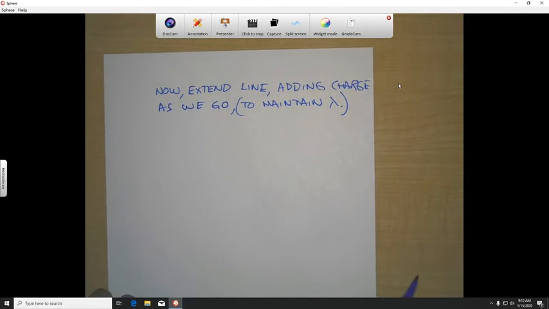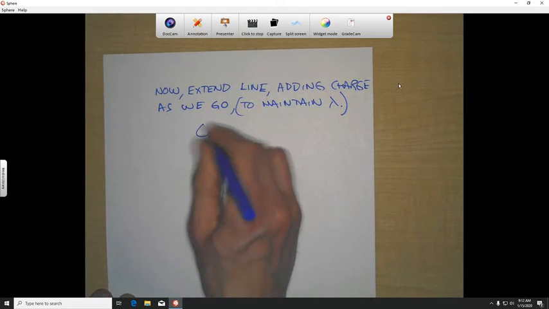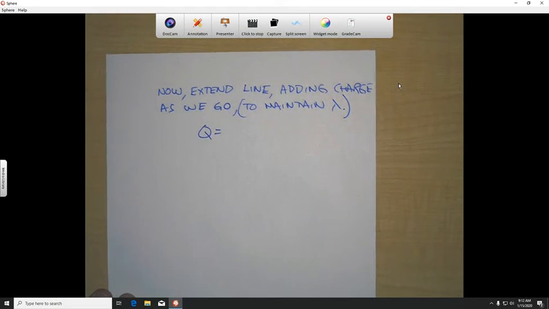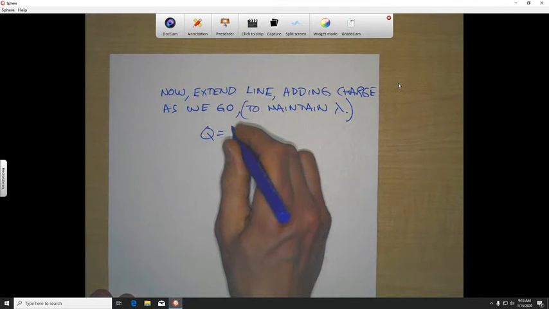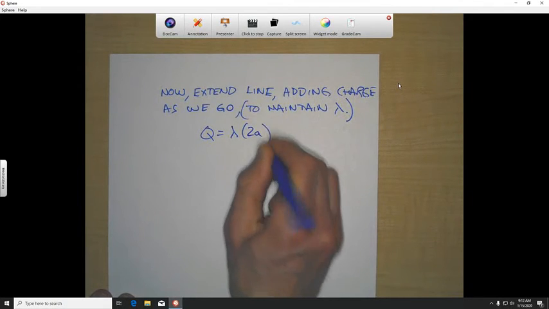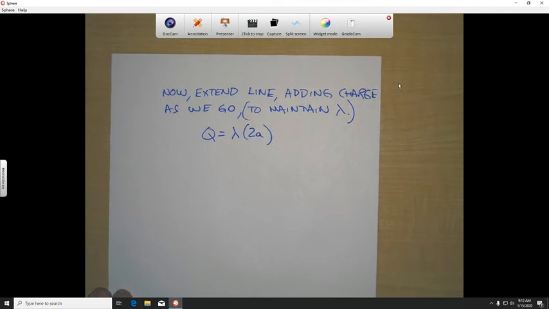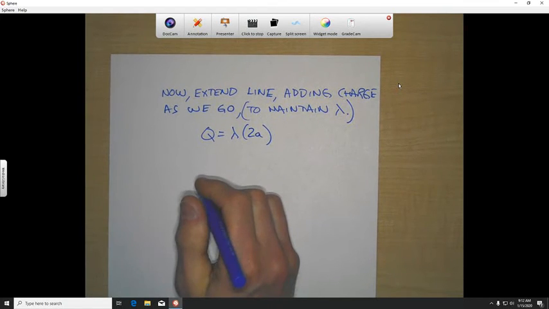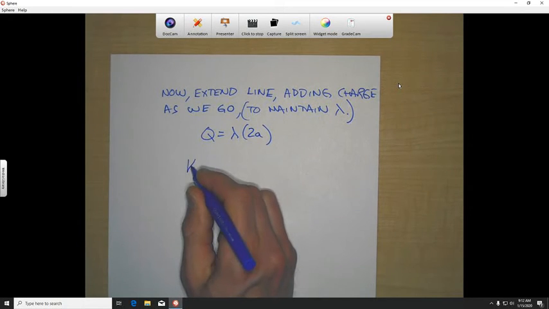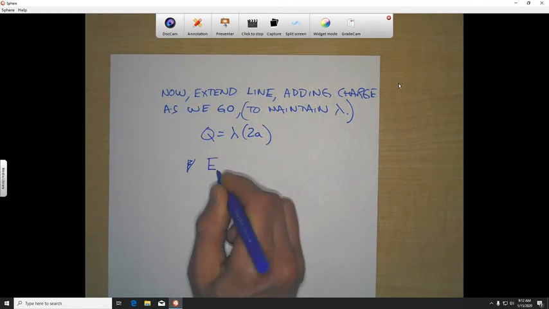So the total charge that we're going to have is going to be equal to lambda times 2a. Okay, and that's fine. So I'm now going to write my expression from before.